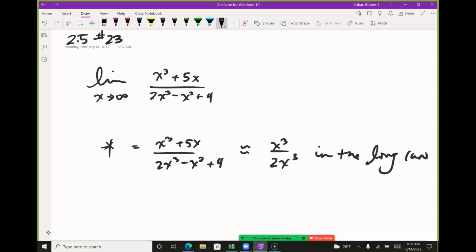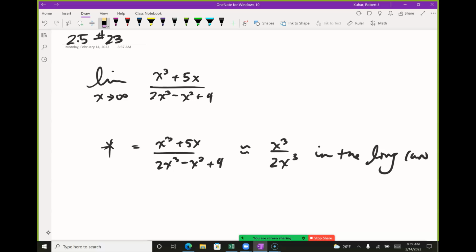The numerator is eventually dominated by the x cubed term. The denominator is eventually dominated by the 2x cubed term. So in the long run, think about it, if x is $1 billion, who cares about 5 times a billion, right? If I'm taking $1 billion and cubing it, who cares about $5 billion anymore, right? So it's again talking about that long run, what takes over.